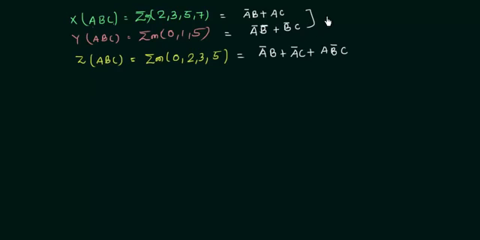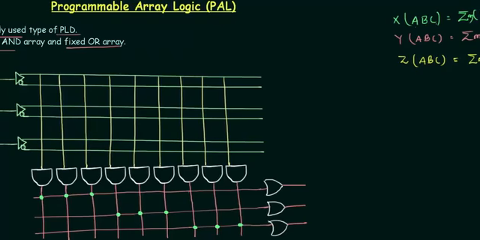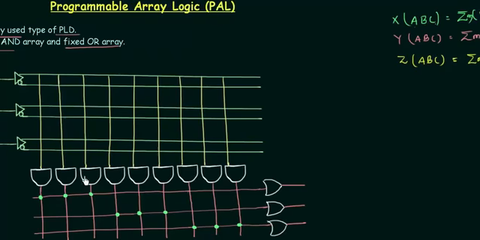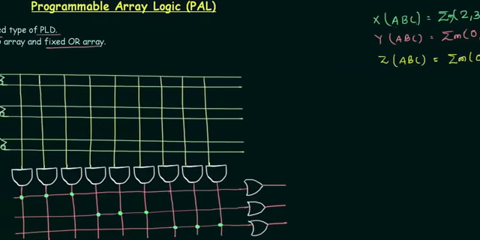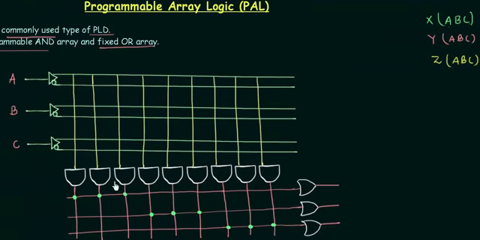So I will take three minterms, and I will make three AND gates for each. It's not like the first two cases are having two minterms, so I will make two AND gates. No, I have selected three, so I will make three AND gates for all the cases, and three times three gives us 9, so in total I am having 9 AND gates.